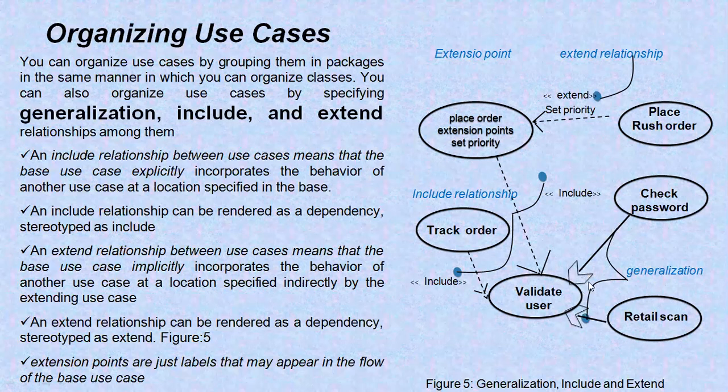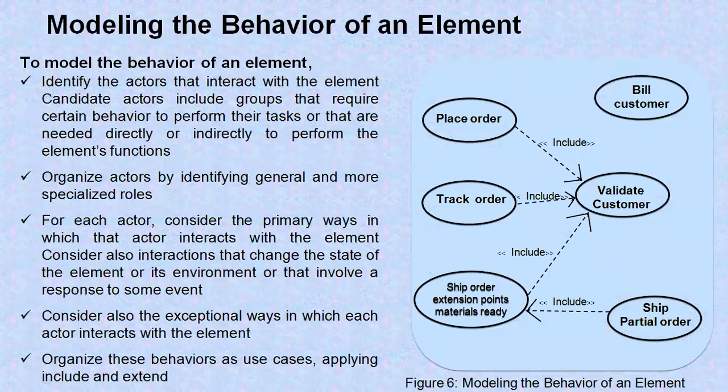Coming to modeling the behavior of the elements, to model the behavior of an element, we need to identify the actors that interact with the element, candidate actors including groups that require certain behavior to perform their tasks, or that are needed directly or indirectly to perform the element's functions. Then organize these actors by identifying general and more specialized roles.